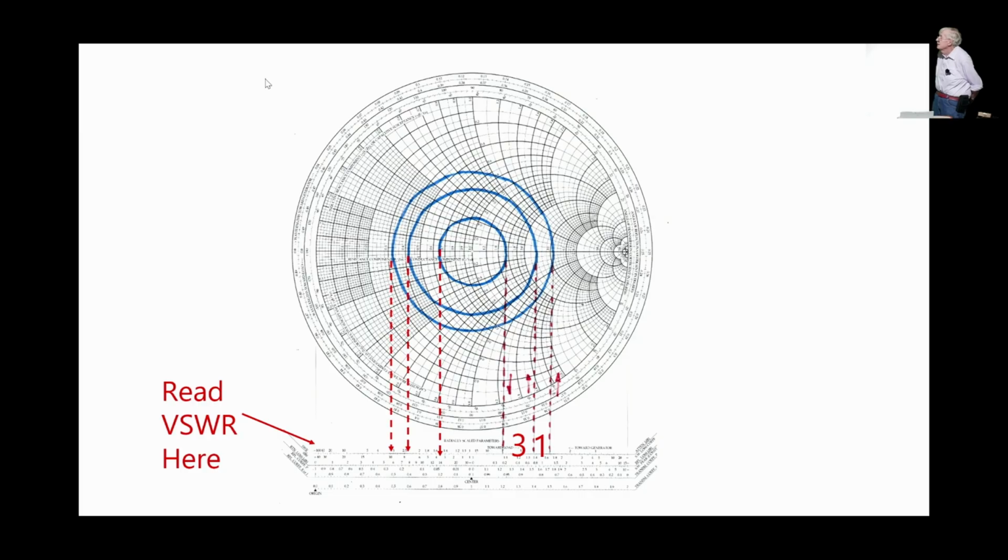And I've shown actually 2 different examples. On the left there, you can just read the VSWRs that are appropriate. But on the right, there's an attenuation scale in decibels. So we've got 3 dB of attenuation, and we're currently on that inner circle. That's the VSWR that we're seeing on our VSWR meter.